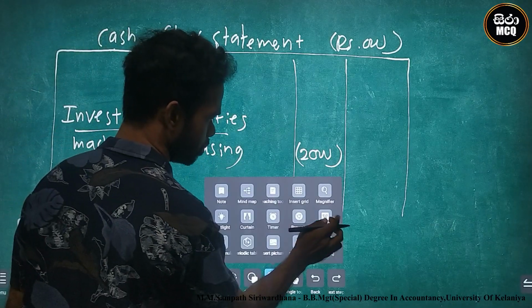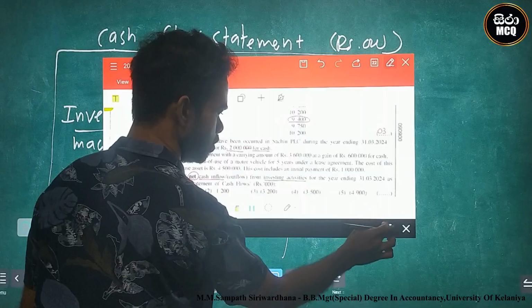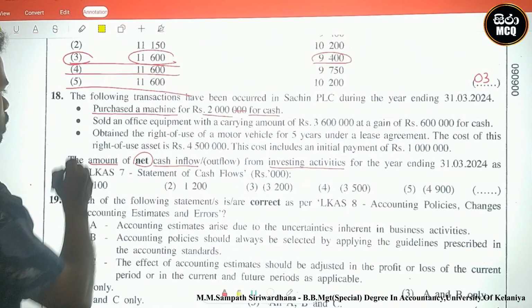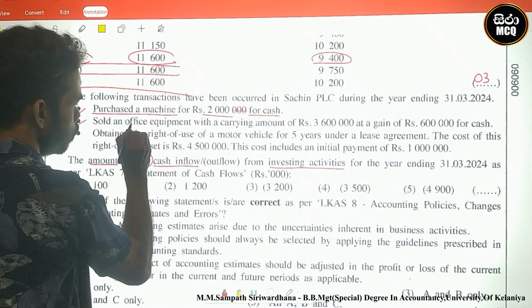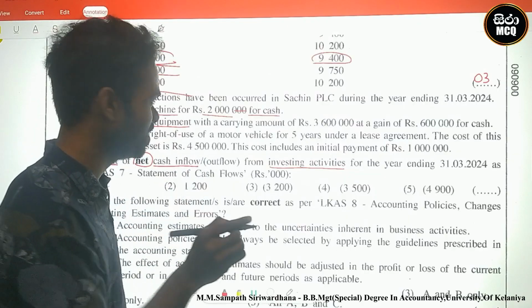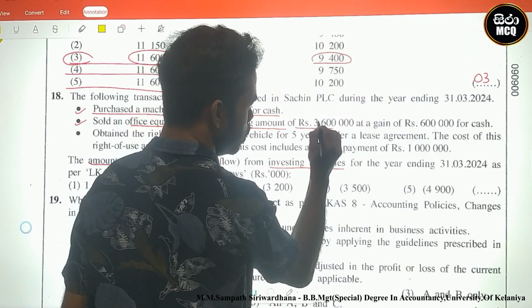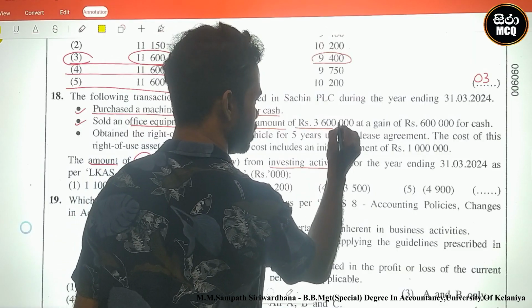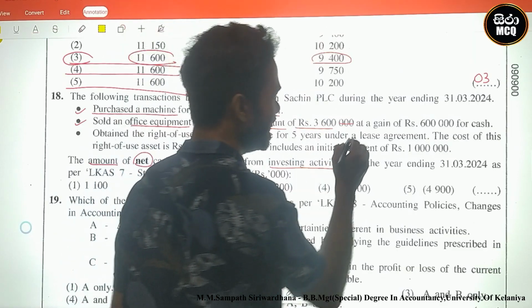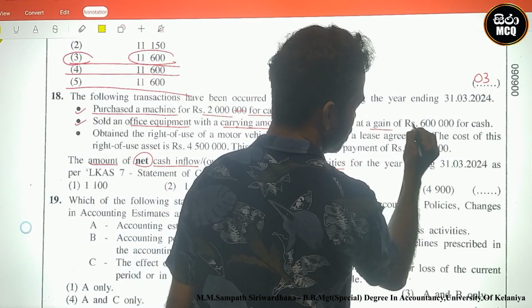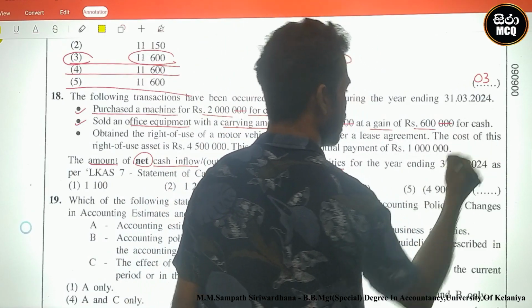Okay, next one, this is the easy one. Next one is a very major point. Look here: sold office equipment, a non-current asset, with the carrying amount of 2,600,000, at a gain of 600,000, for cash.